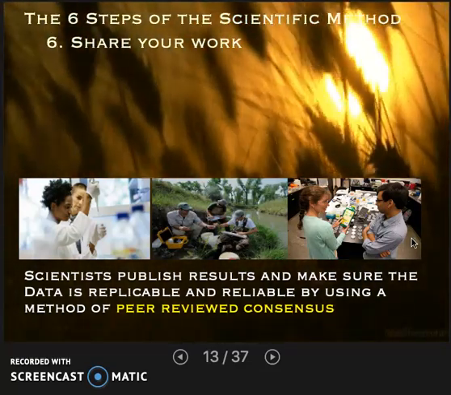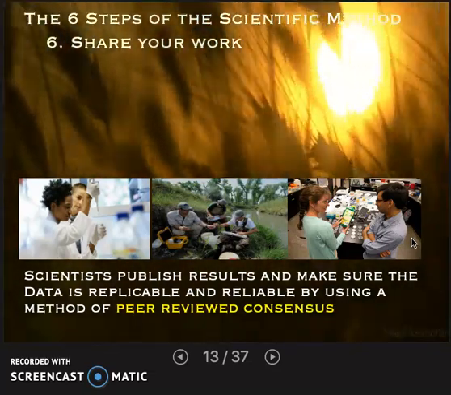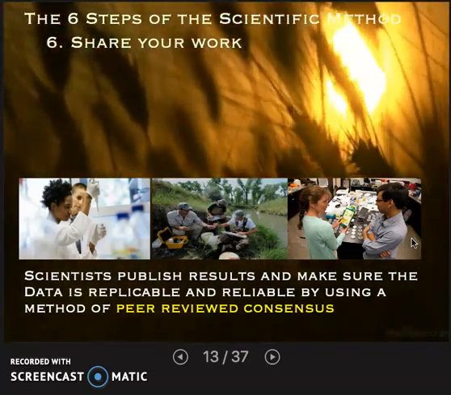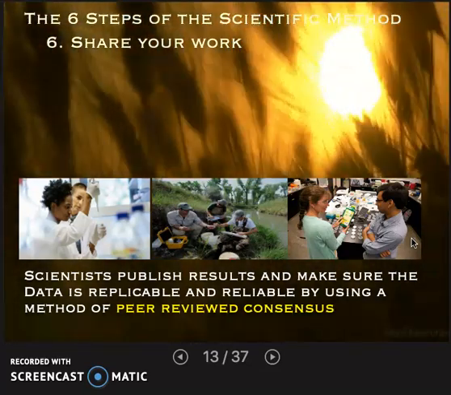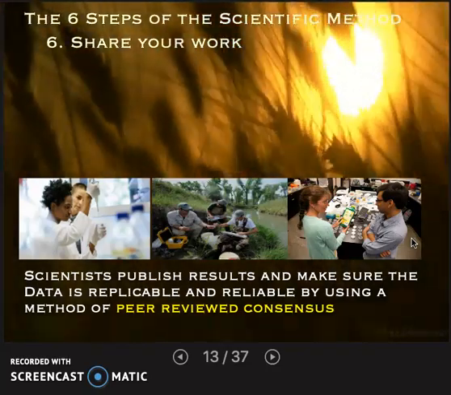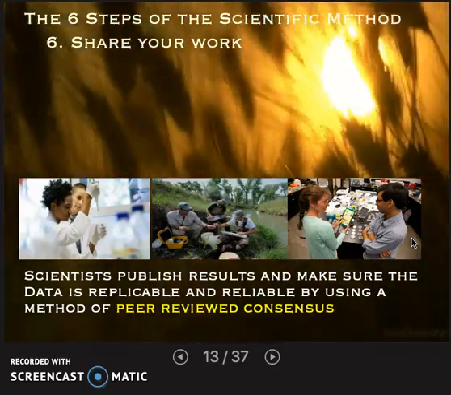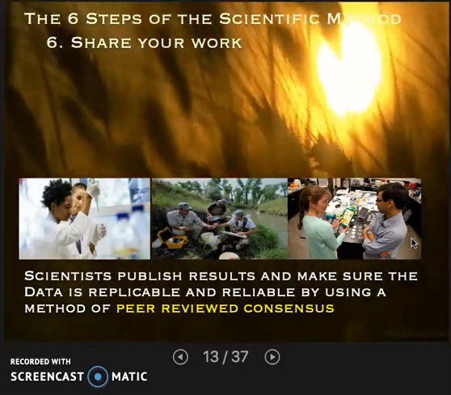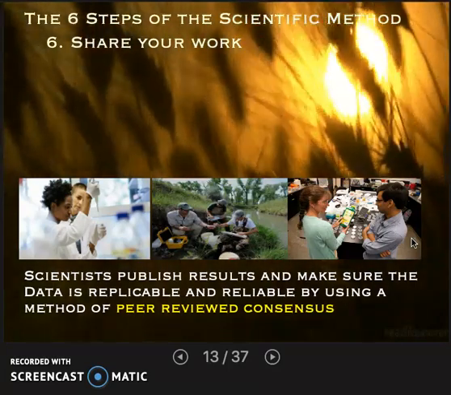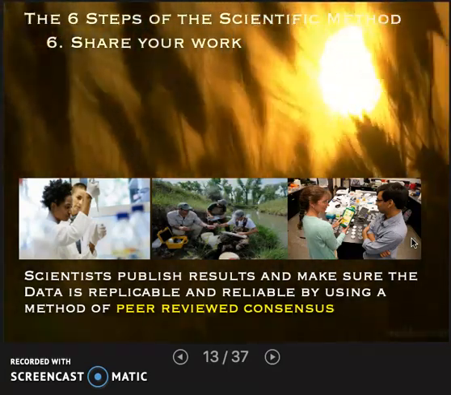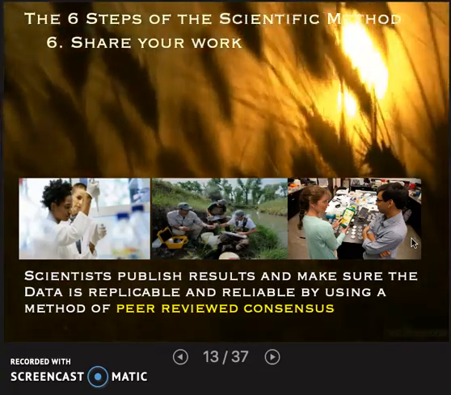So you would do peer-reviewed consensus, which means that you would publish your work in an article, and it would be reviewed by other experts in the field in the universities or in the private sector, and they would look at the data you've collected and look at your experiment and say, well, look, is this a valid experiment? Does this data look good and sound, and are the conclusions that you've drawn from your data reasonable?